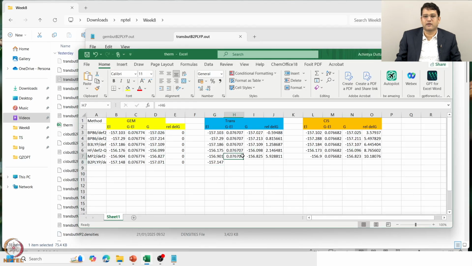This is the energy of the trans, the thermochemistry contribution, total free energy, and this is the relative free energy. It's 3.14.